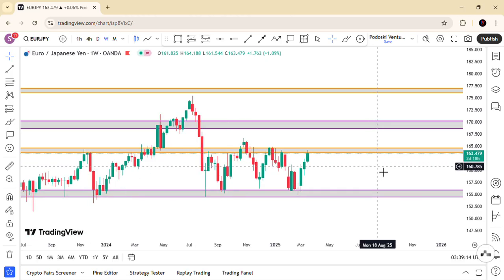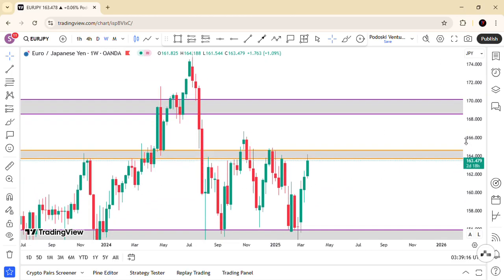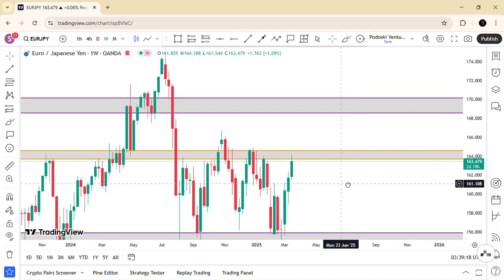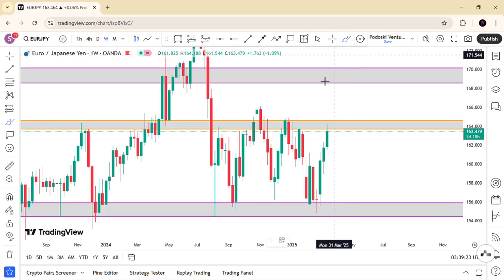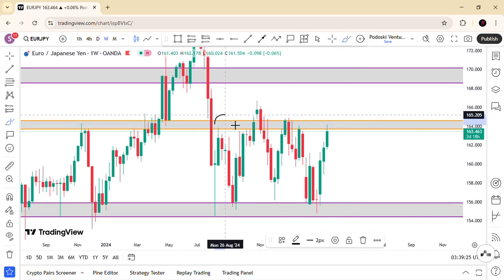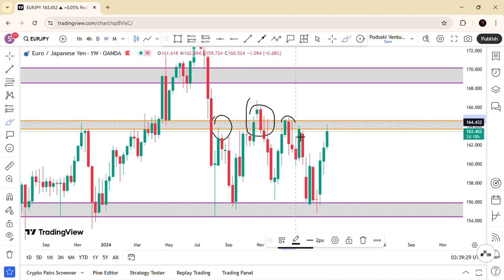It's at a resistance. So our question is, will price be able to break out of that resistance or not? Because anytime price touches that resistance, it sees selling pressure and drops all the way down.